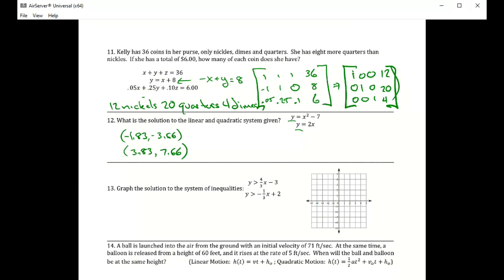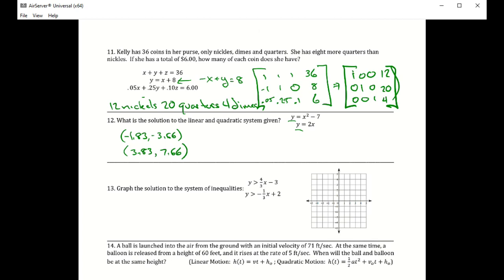So y1, y2, second trace, intercept, don't overthink it. If you wanted to do it algebraically and you went through the quadratic formula, fine and dandy. There's nothing wrong with that.